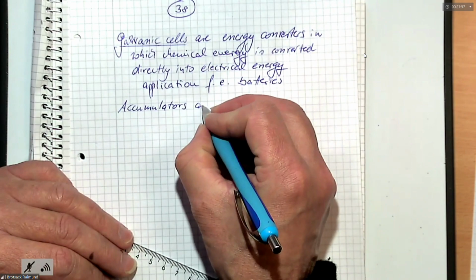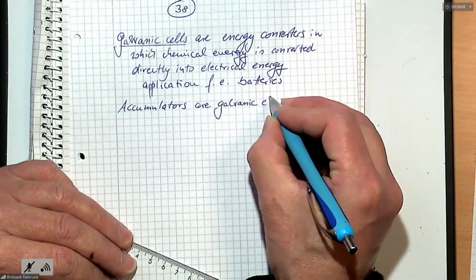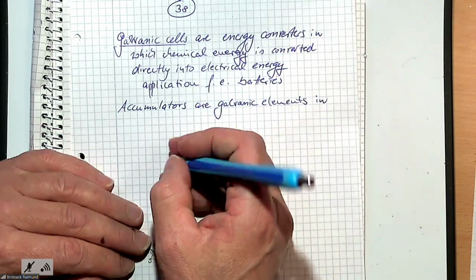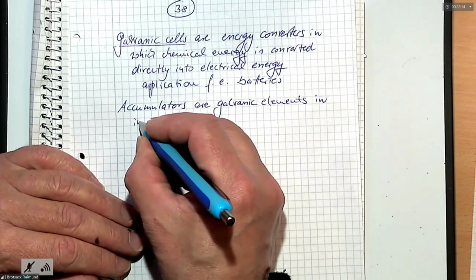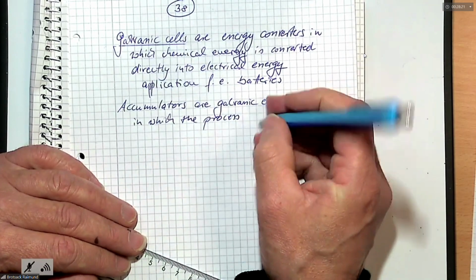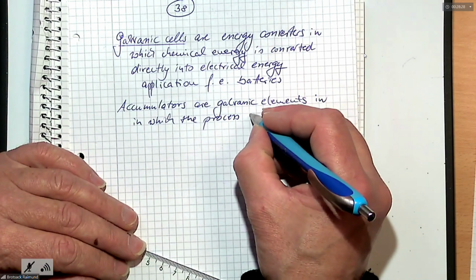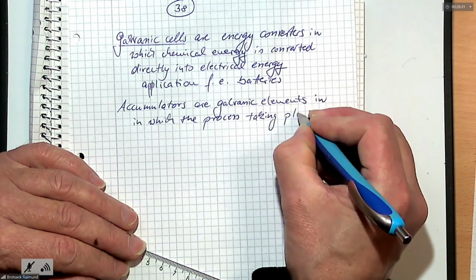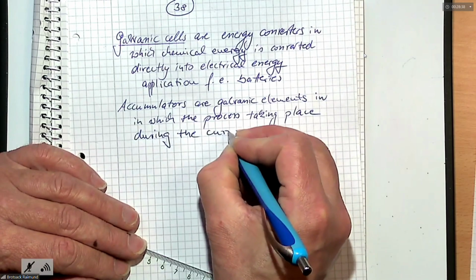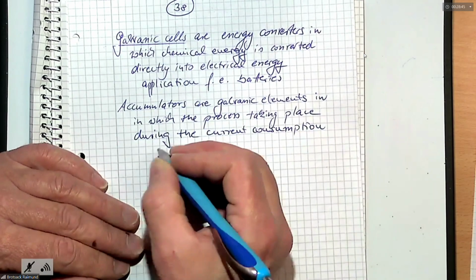are galvanic elements in which the process taking place during the current consumption is discharge.